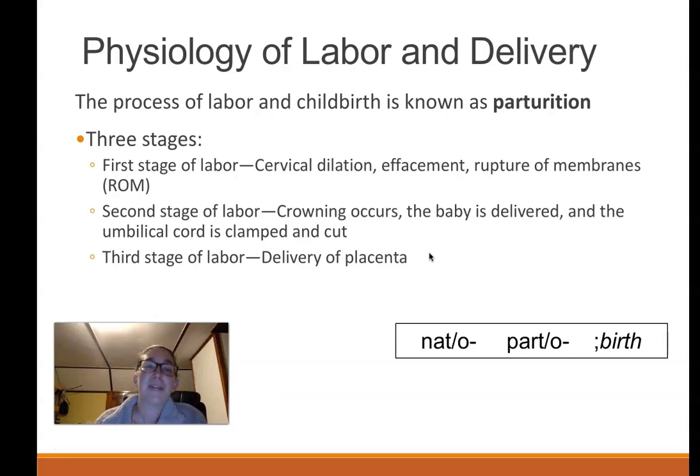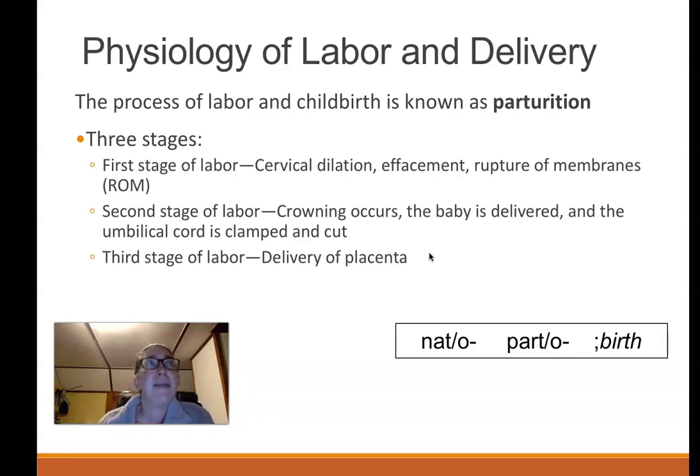A couple of hours would actually be a very short first stage of labor. Several hours to several days is actually more normal. And that's when you start having contractions that are coming regularly, every 10 minutes, then every 8 minutes, then every 6 minutes, and so on and so forth. So they get closer and closer together.